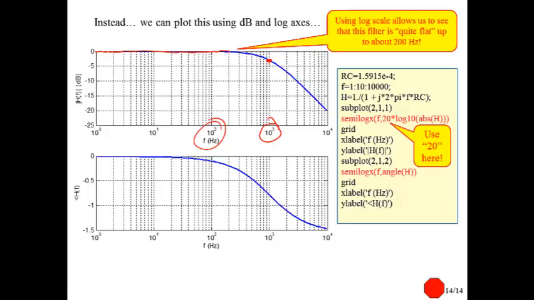Now remember, negative 3 dB corresponded to a power ratio of a half. So when it drops to minus 3 dB, we call that the half power point. That's just a common phrase.